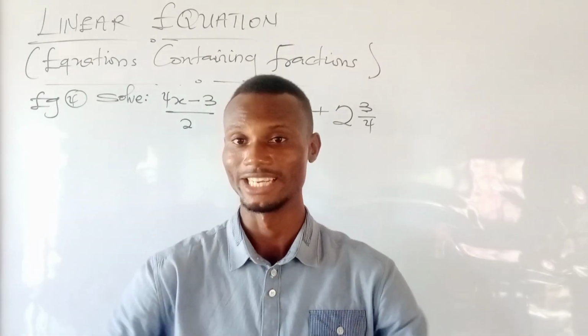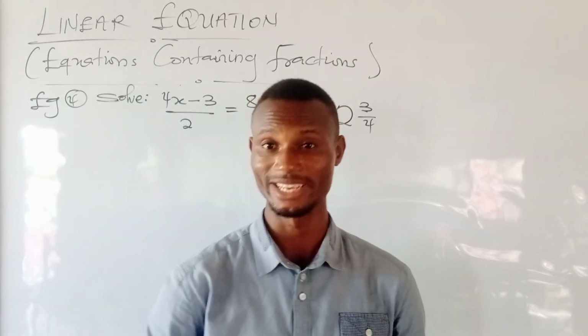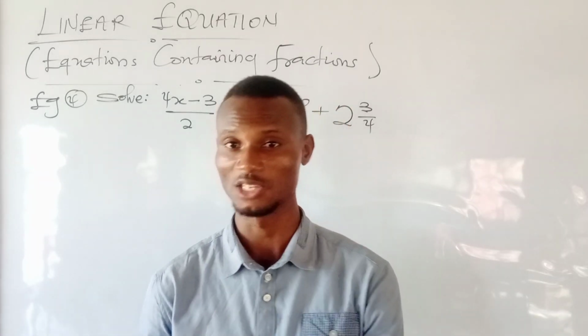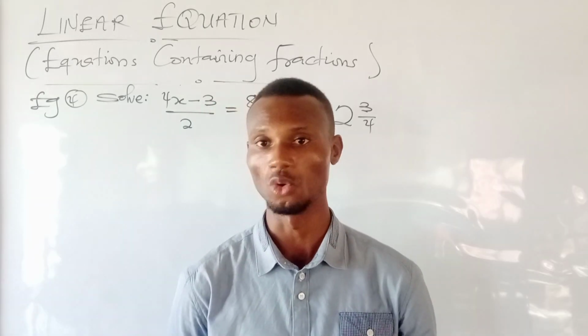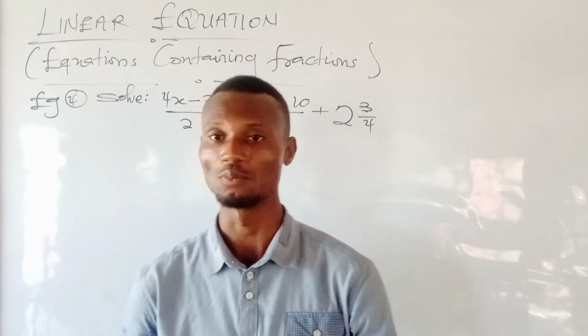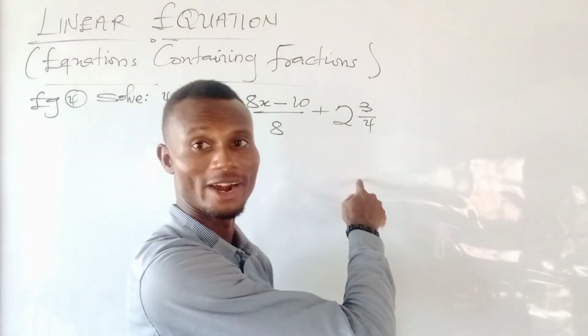In the previous videos we've established that anytime we have an equation that contains fractions, we multiply through by the LCM. With this question as well, we have to multiply through by the LCM, but you can see that we have a mixed fraction here.